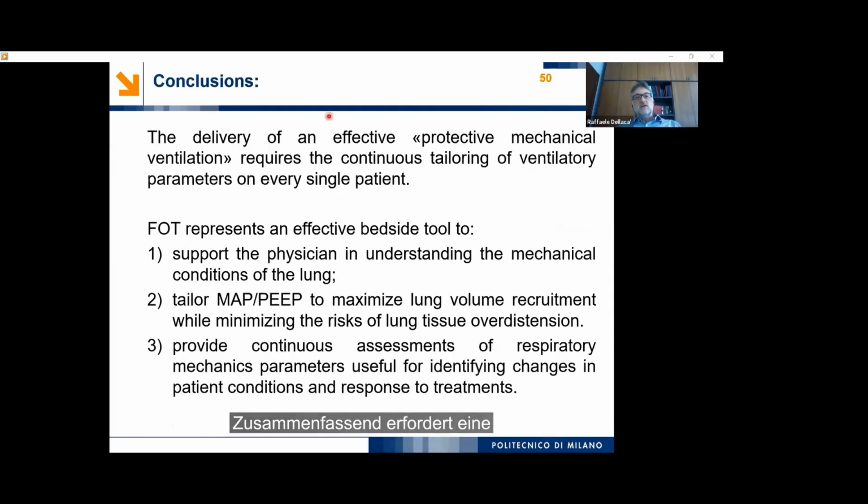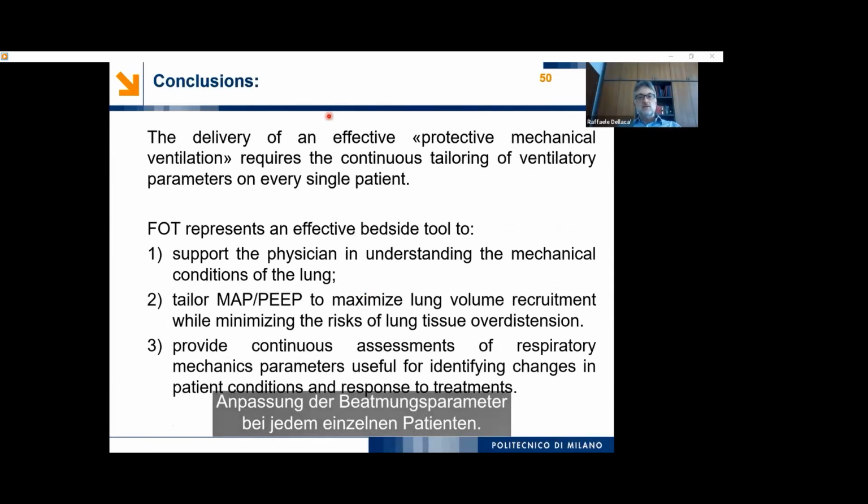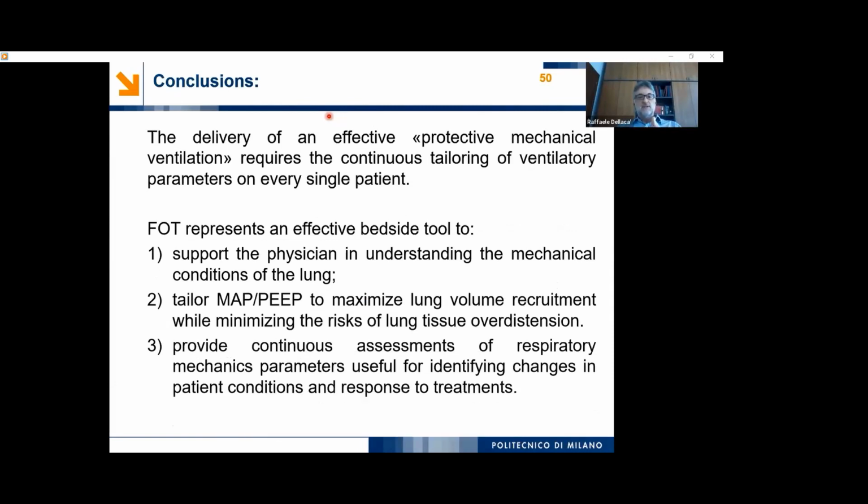In conclusion, the delivery of an effective protective mechanical ventilation requires the continuous tailoring of ventilatory parameters on every single patient.